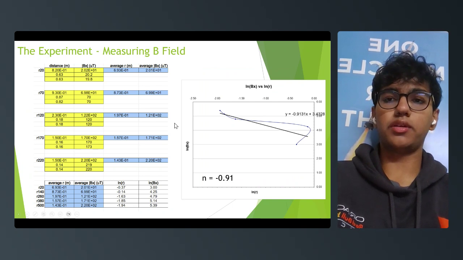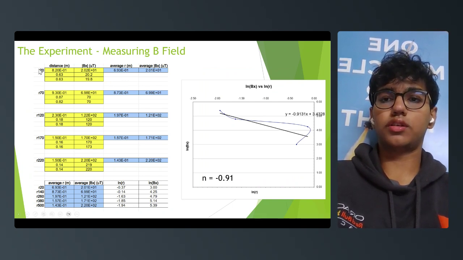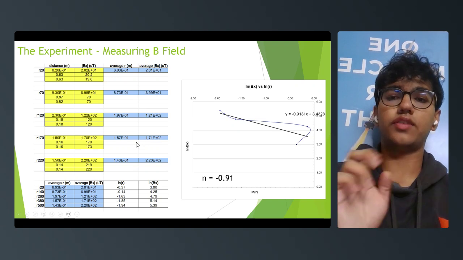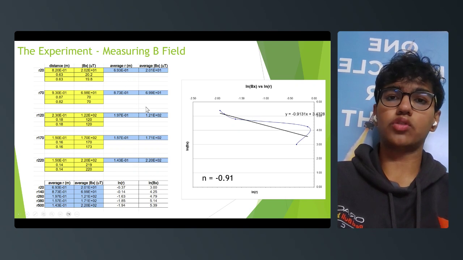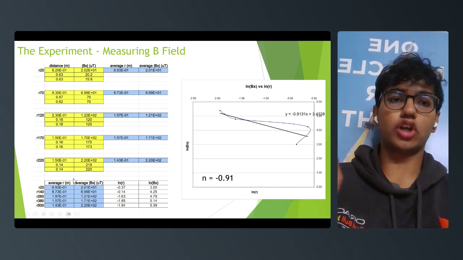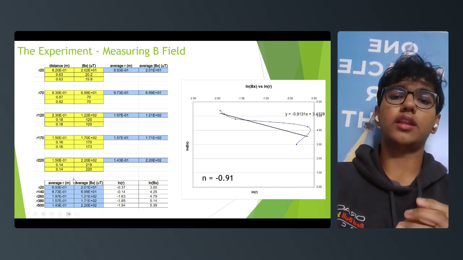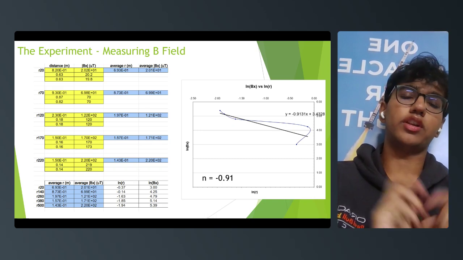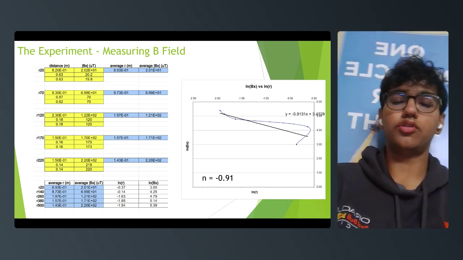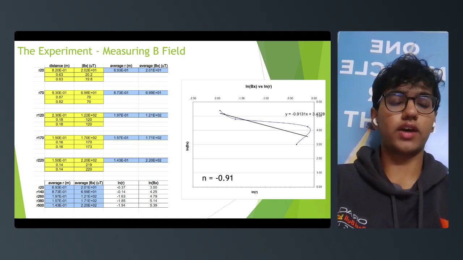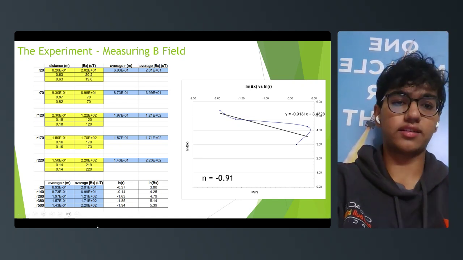So the data can be seen on the left. That is the different distances versus the magnetic field measurements that we got through the experiment, and then the average was taken for the blue boxes, and those averages were then used as the average R and the average B. Using our previous relation of linear regression, we plotted this on a graph using the natural log of R and natural log of B_x, the magnetic field along the x-axis.